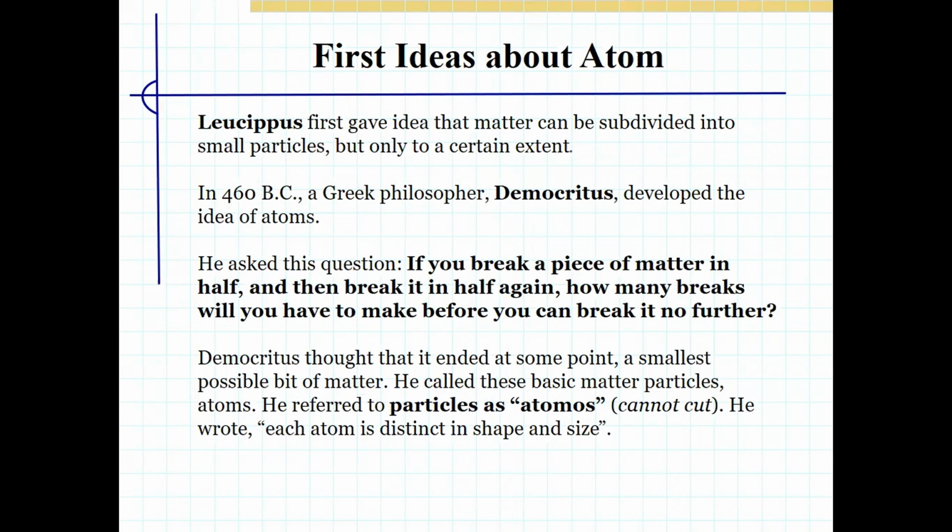We cannot further break it, and once it is not breakable, they called it atomos. This atomos, that we cannot cut further, was written as atomos initially in Greek transcripts, and now we know this as an atom, which is distinct in shape, sizes, and with the materials.